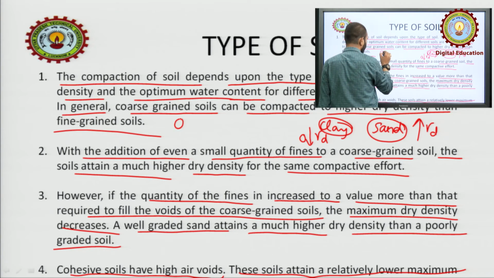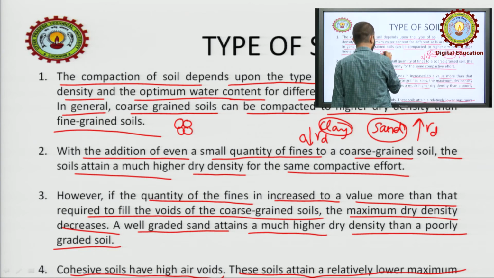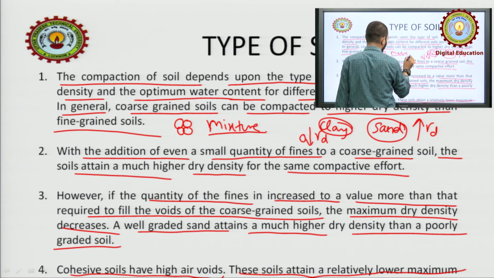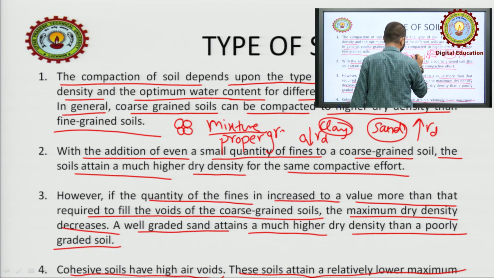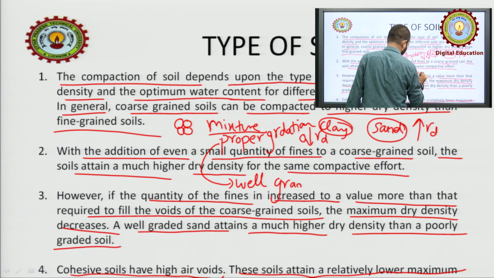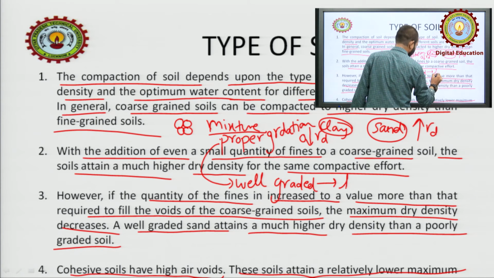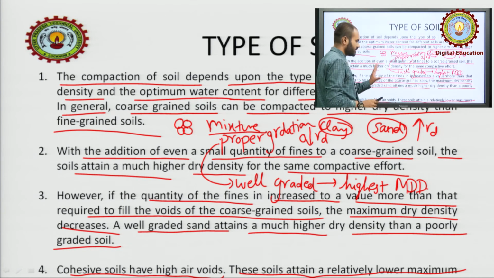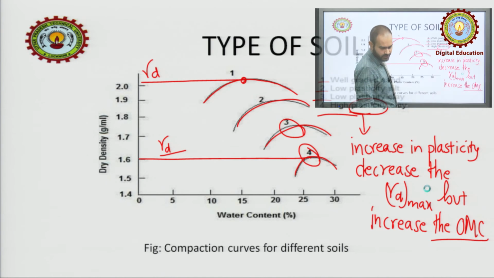Besides this, if you have larger gravel type and you use fines to fill their voids, meaning you use a mixture or a proper gradation, or this can also be called well graded, then this will have the highest maximum dry density. Okay, so this was it about this. Then you already understood this one.